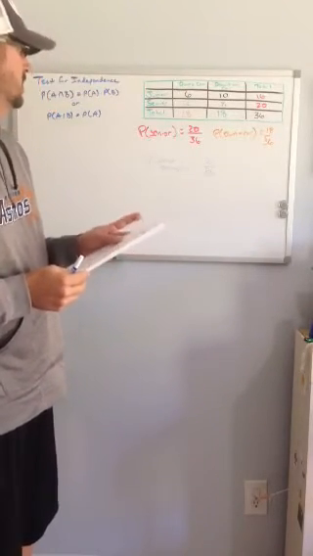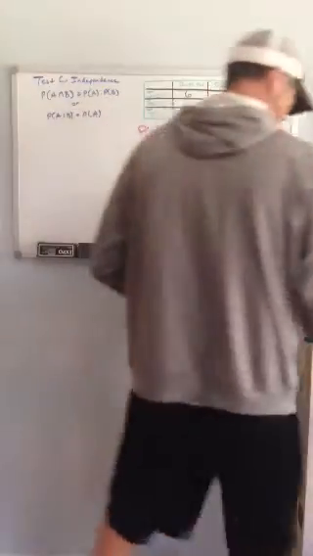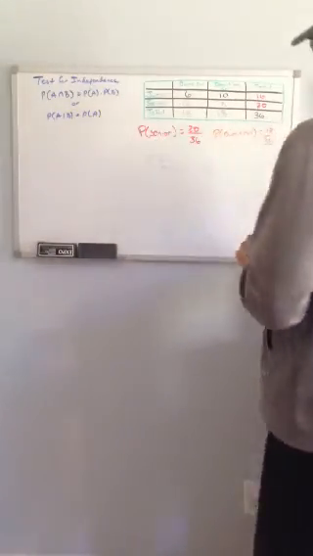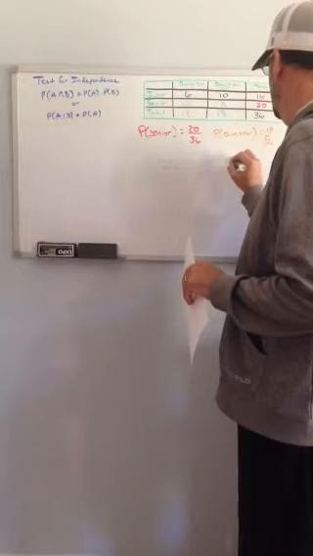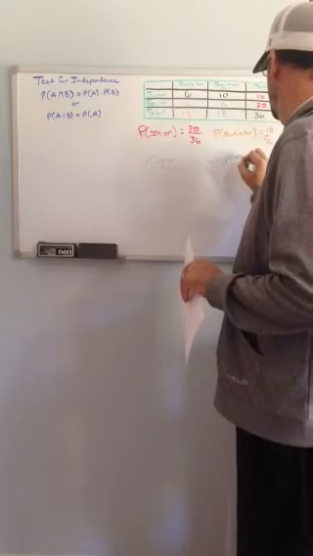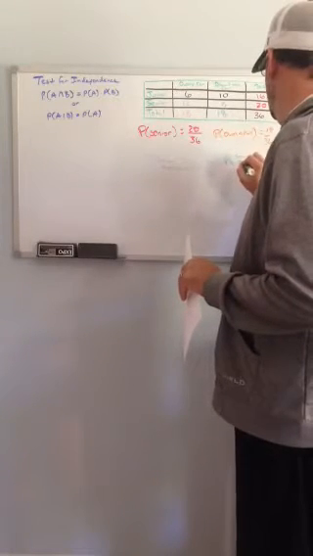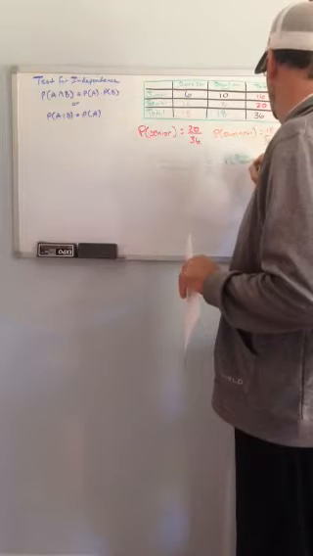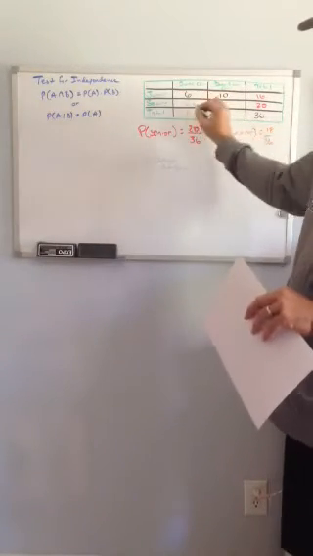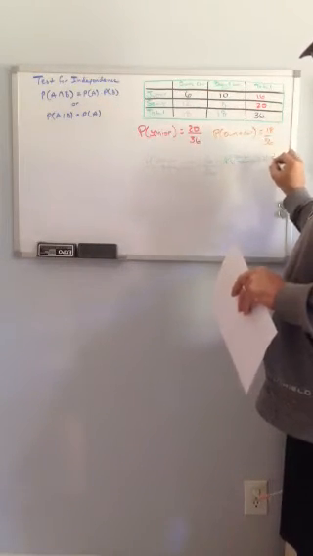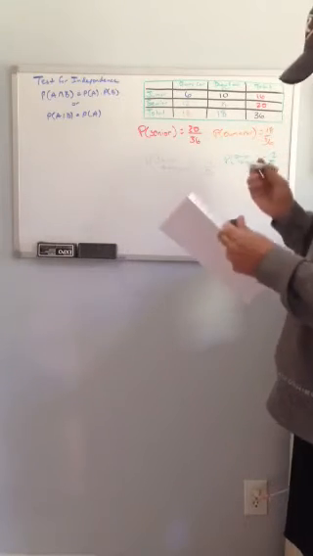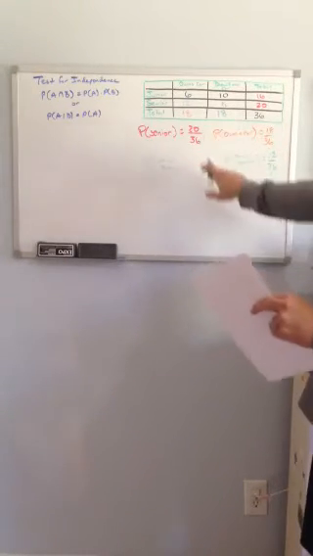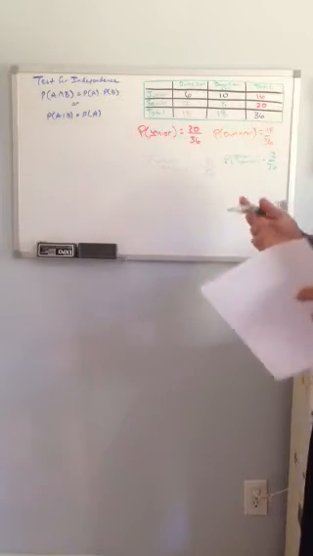Probability that they are a senior and they own a car. So staying with our color coding, probability senior and own a car. Own a car seniors, that's our 12 out of 36. If you notice, all of these are out of 36, or out of our total.